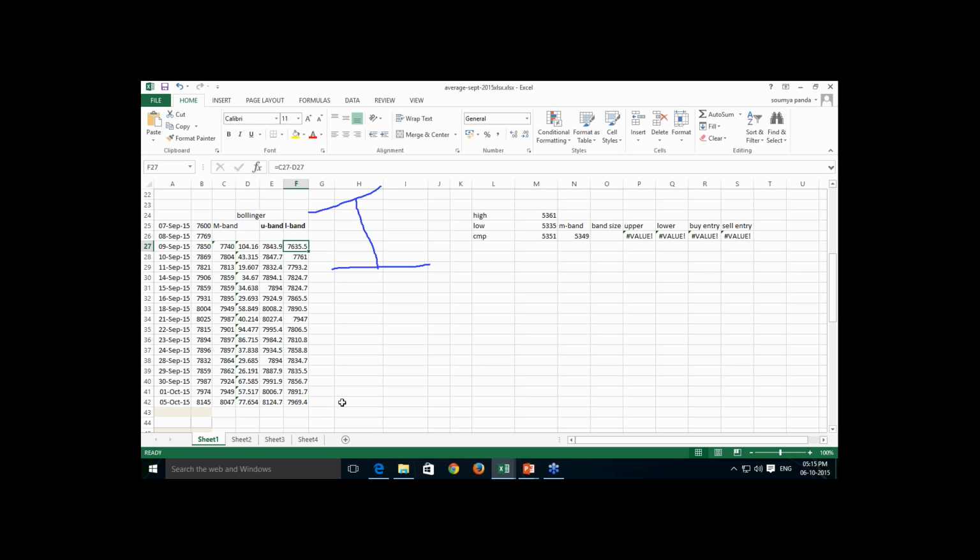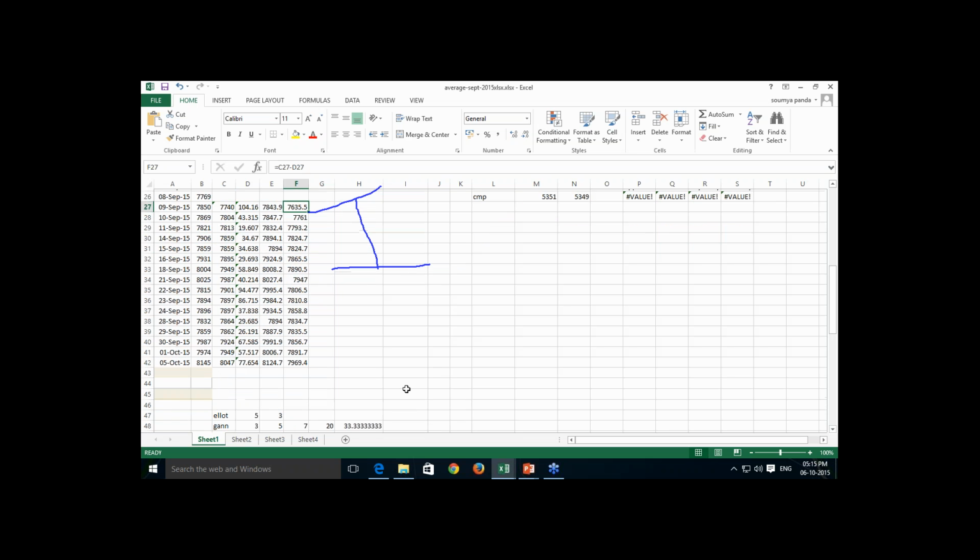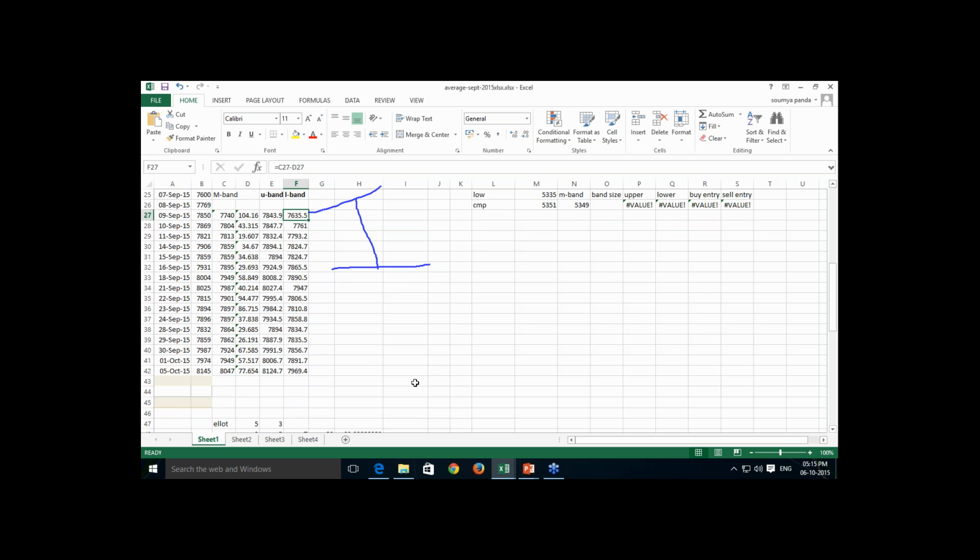Once we go for this particular move, we need to find out in what proportion we should take this study forward.